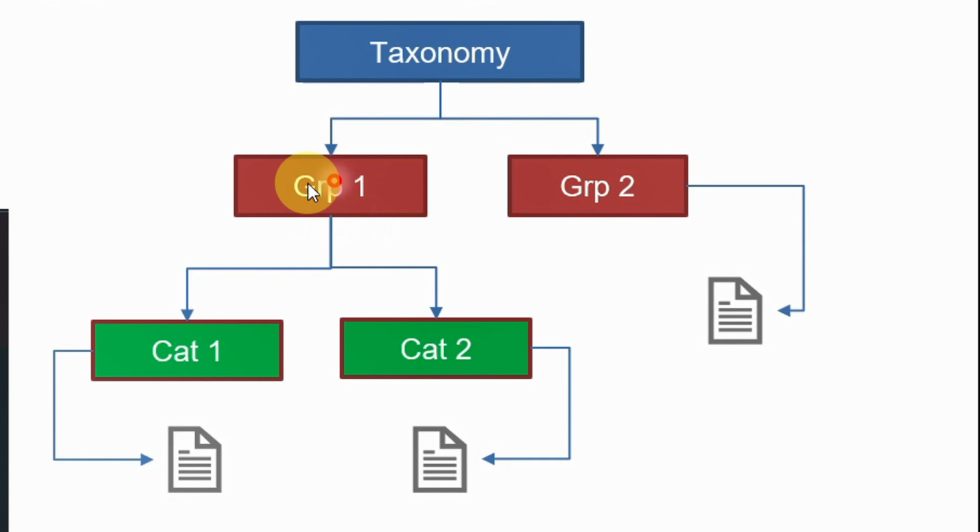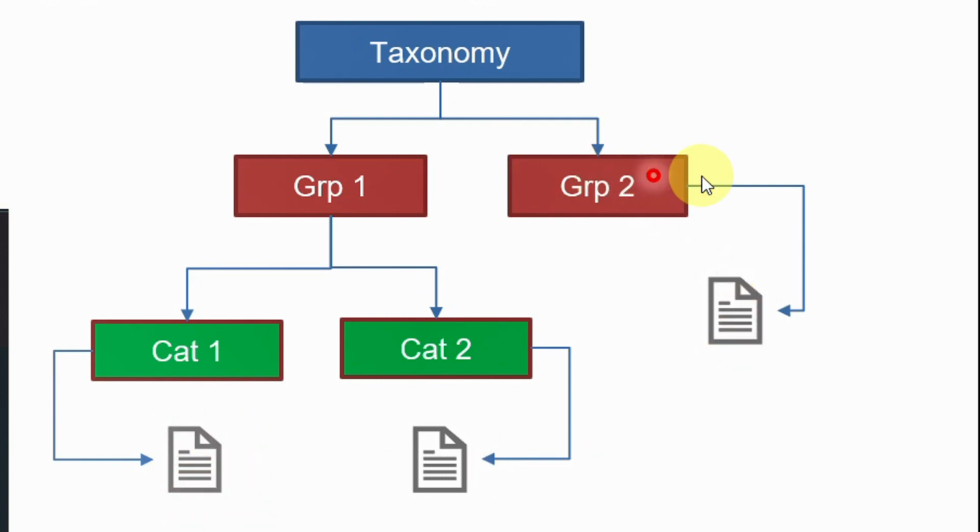Inside the group, I can have different categories, such as the first category is the invoice and the second category is the receipts. Now inside those categories, I would define the documents. So if you see the structure, the top is the taxonomy, then we have the group, inside that group you have the category, and inside the category you define the documents.